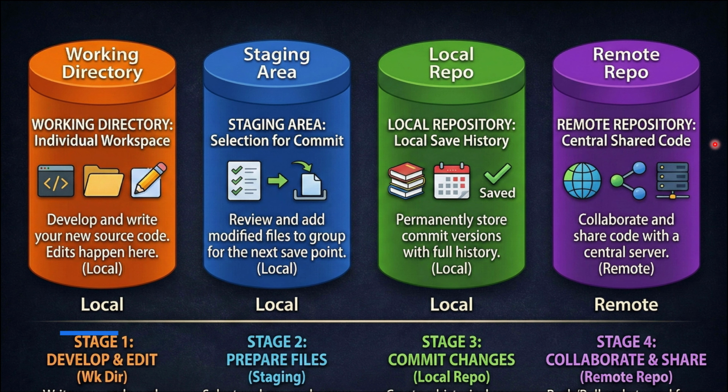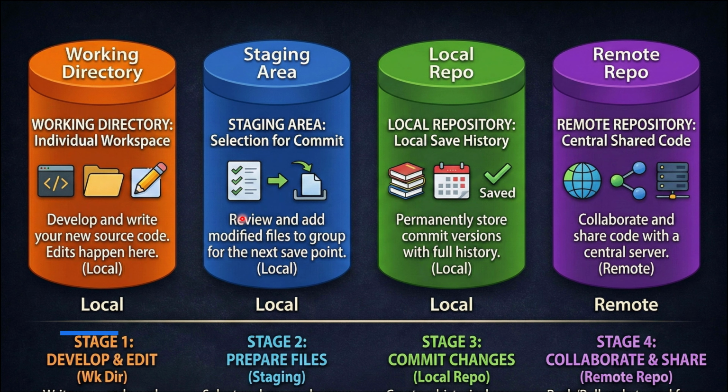Now let's talk about the third stage, which is the local repository. These three are the local ones. When you run the command git commit, it saves a snapshot inside your system. That snapshot is stored in the .git folder.